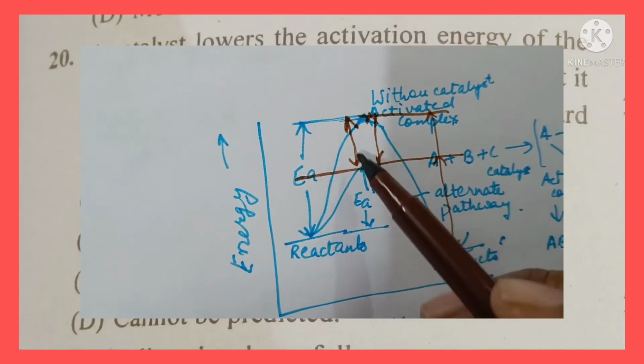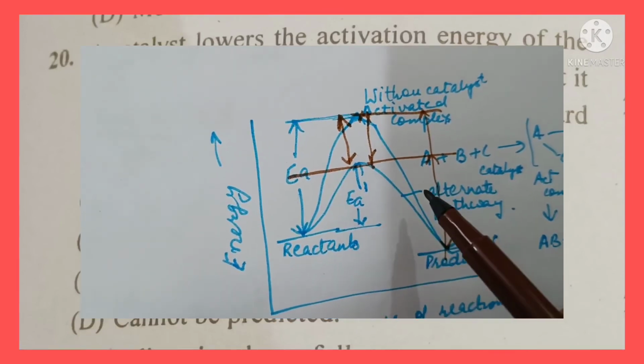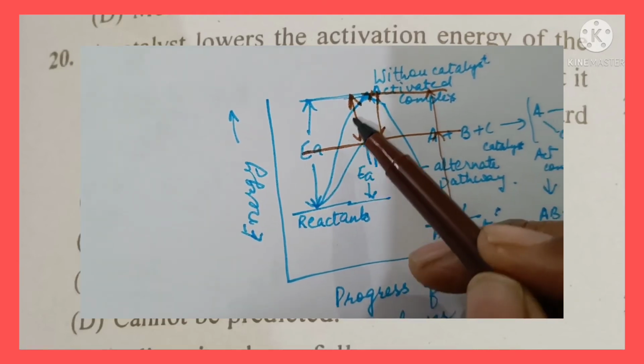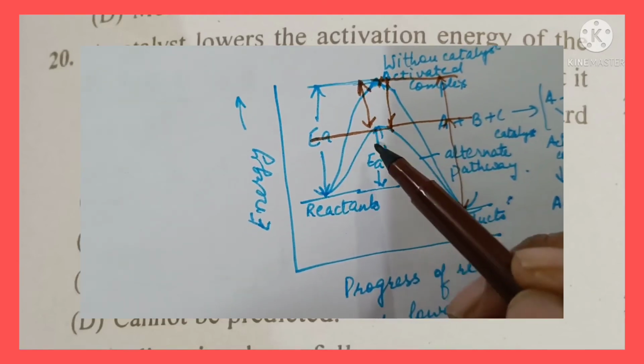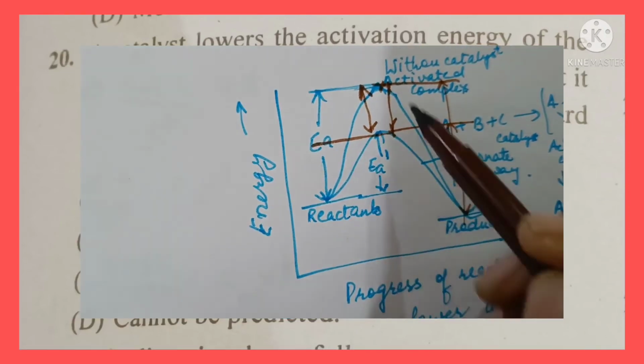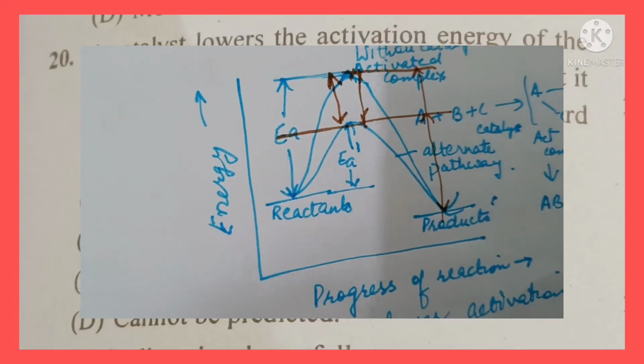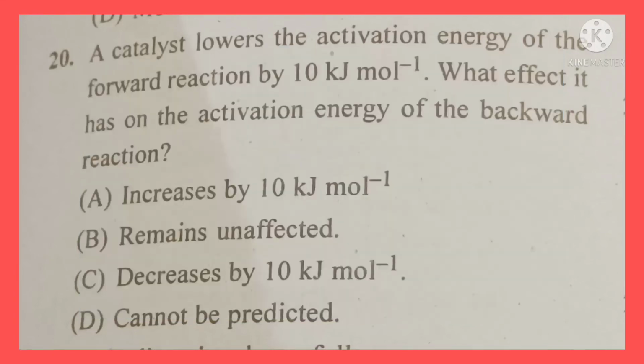So the decrease in activation energy for forward as well as backward reaction is the same. If the activation energy for the forward reaction decreases by 10 kilojoules per mole, that for the backward reaction also decreases by 10 kilojoules per mole. So option C, decreases by 10 kilojoules per mole, is the correct answer.